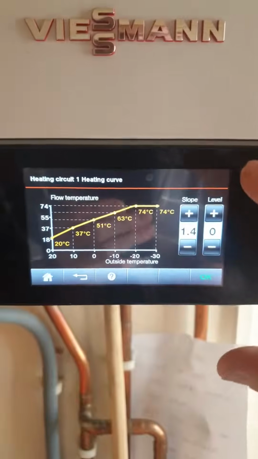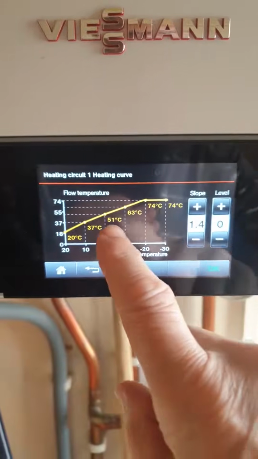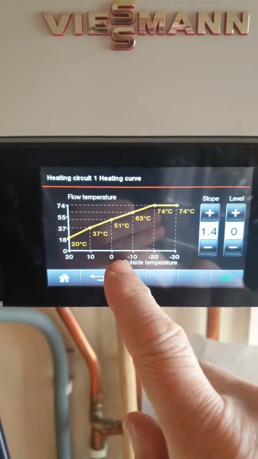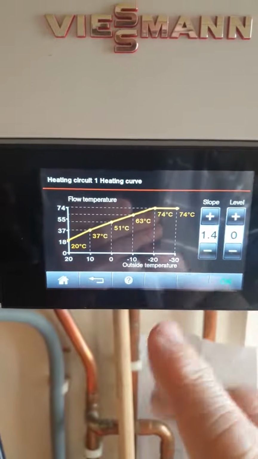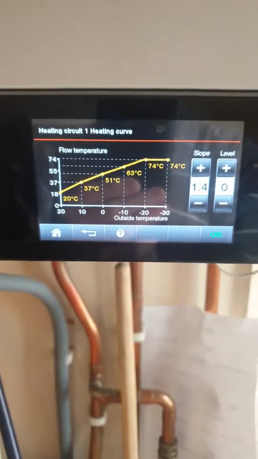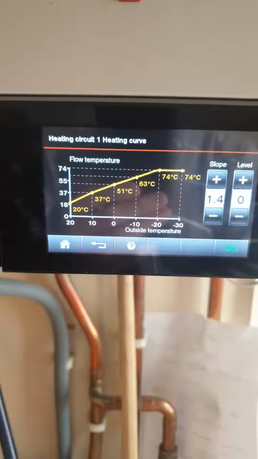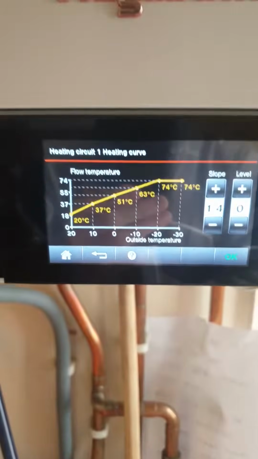So let's explain a little bit about the weather comp here. My boiler has accidentally arrived at close to 50-30 design. You can see at 0 I've got 50. The design temperature for this area is -1. So if I had 50 degrees at -1, that would be 50-30 design.